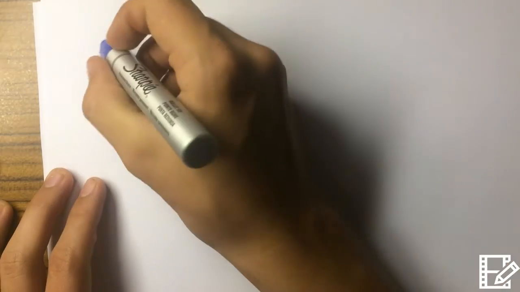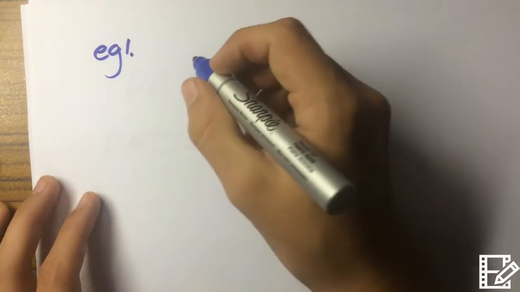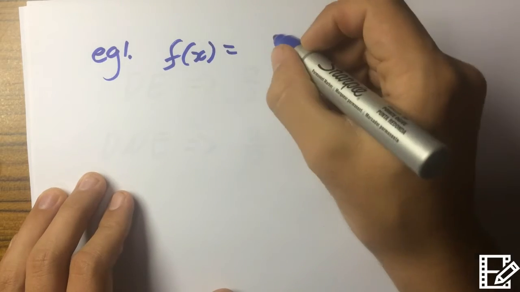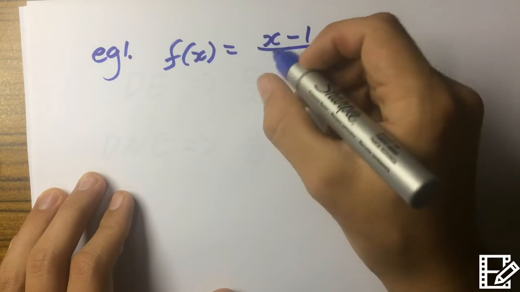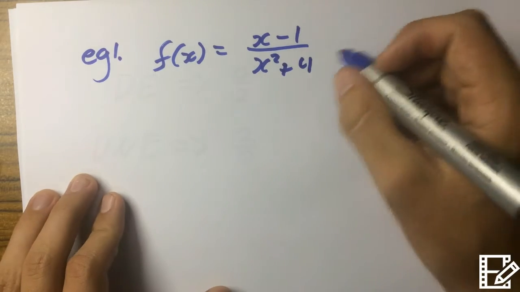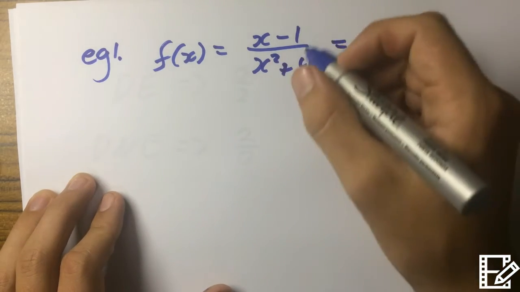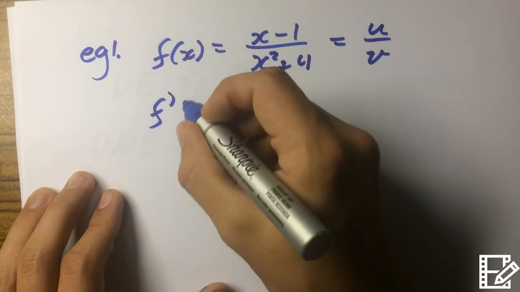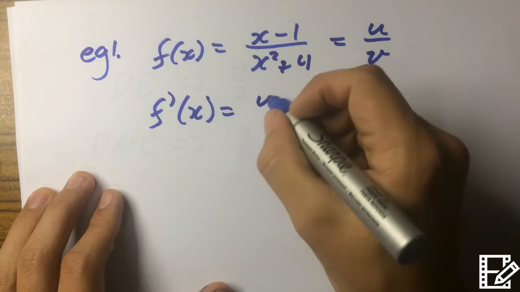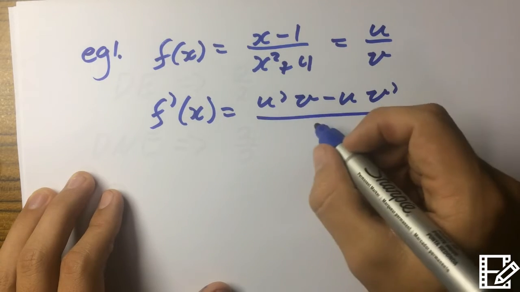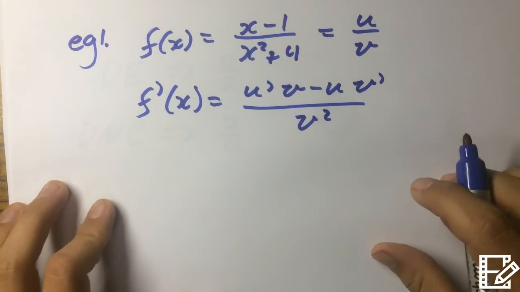But let's just get stuck into our first and only example, which will be x take 1 over x squared plus 4. So we have u over v, a function over a function, therefore the derivative will be u dash v minus u v dash all over v squared.